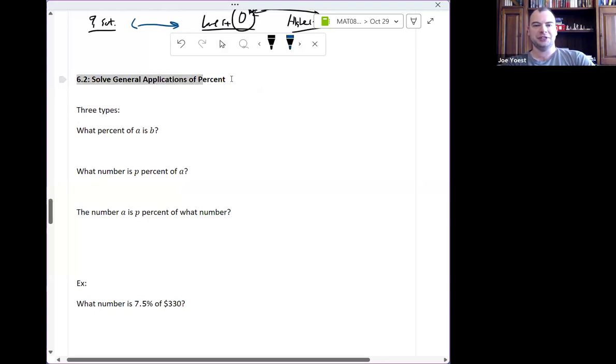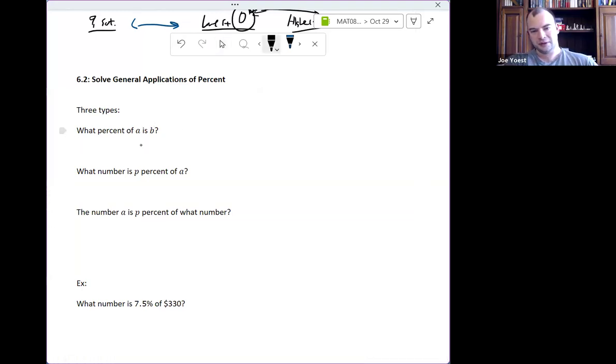Okay, so solving general applications of percent, we're going to start with solving equations that involve percents. And these come in 3 types. So the first type is: what percent of A is B? Or B is what percent of A? Or we can say: what number is P percent of A?